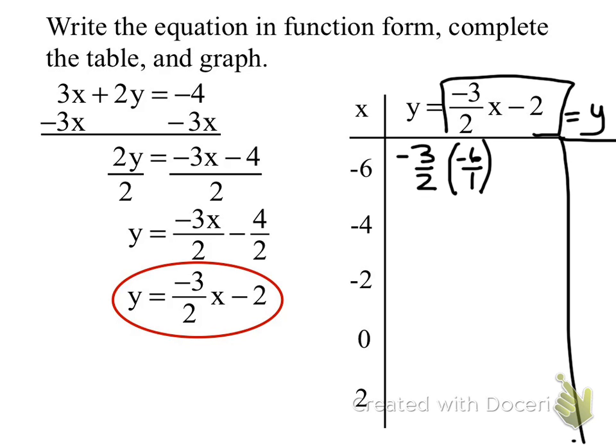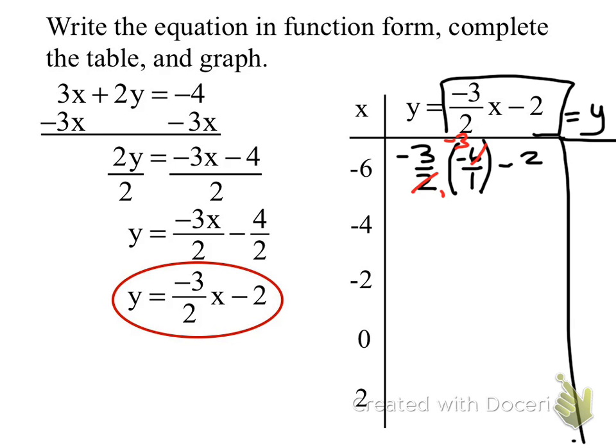Okay. Then minus 2. Now, I think about what number divides into 2 and 6. What common number divides 2? 2 divides into 2 one time. 2 divides into negative 6 negative 3 times. Do you understand that? Yes.